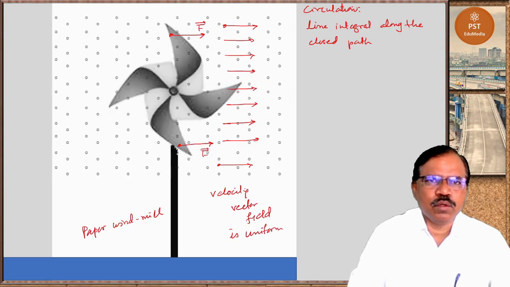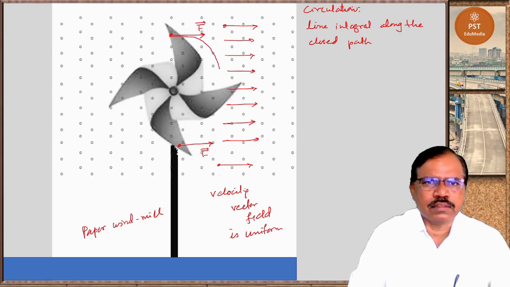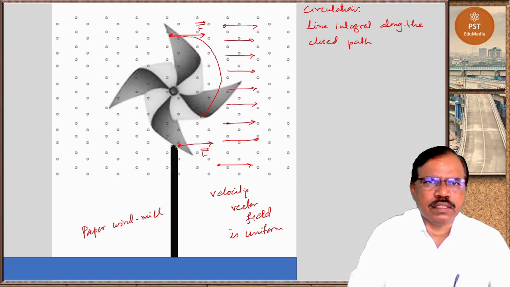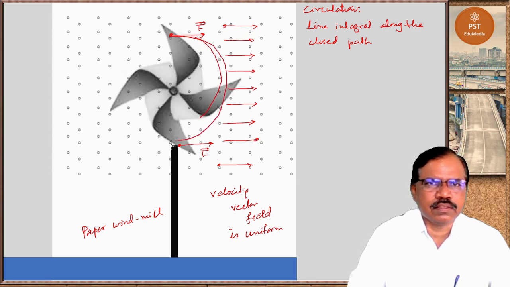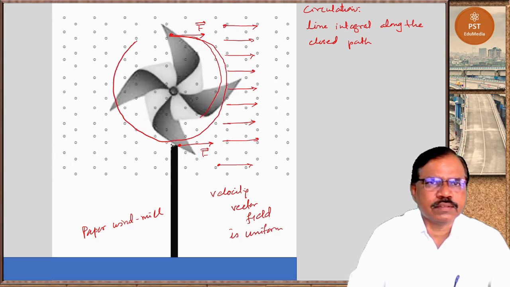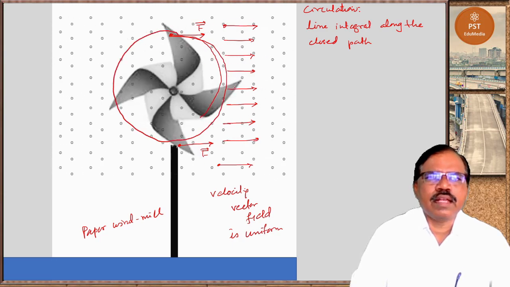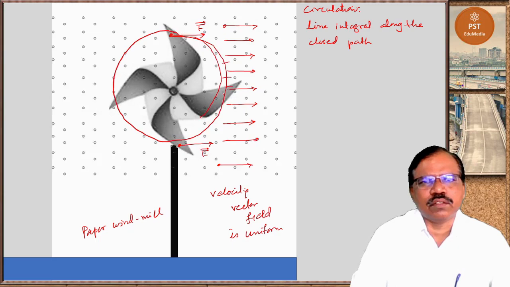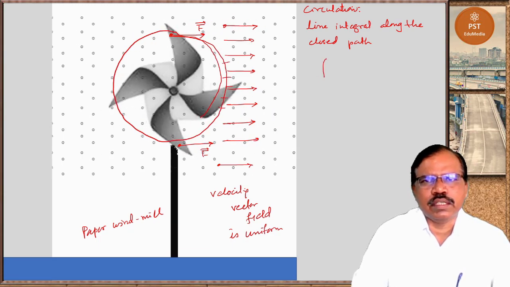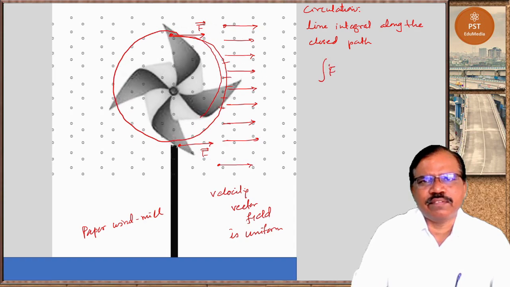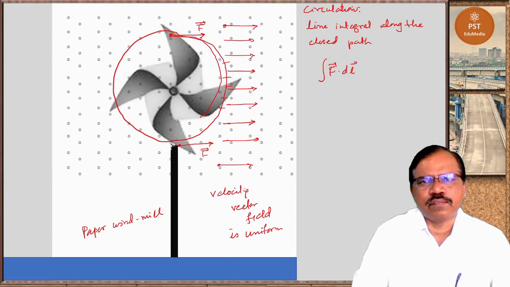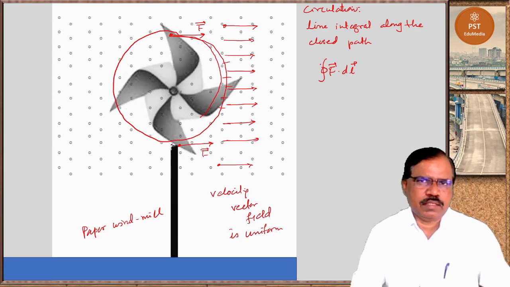So suppose we go along a circular path. Here I will go along a circular path like this. And if we find the line integral along the circular path, so here suppose V is the vector field, or F dot dl along the closed path.